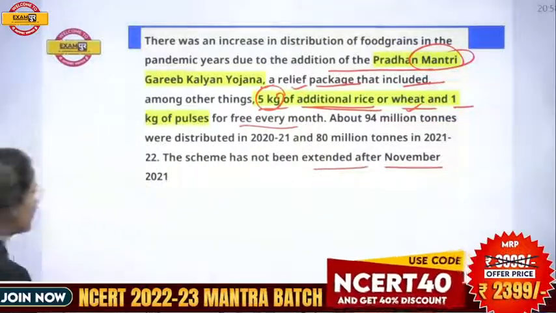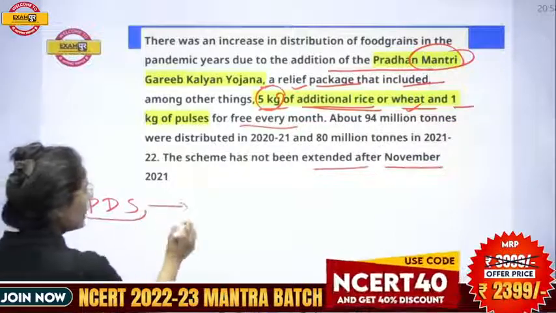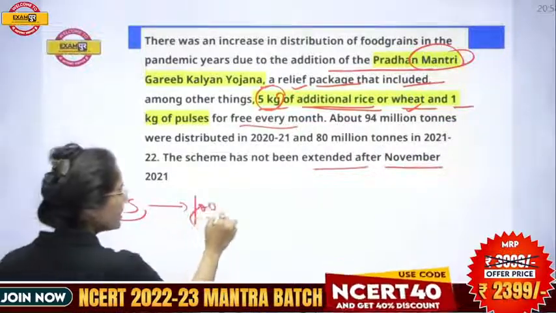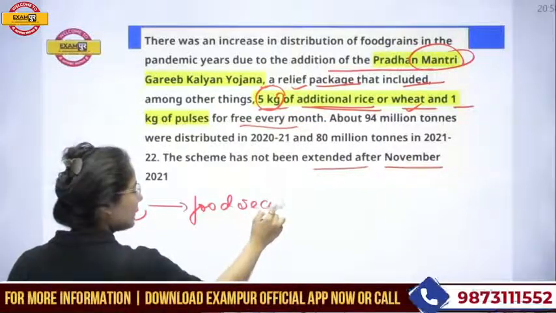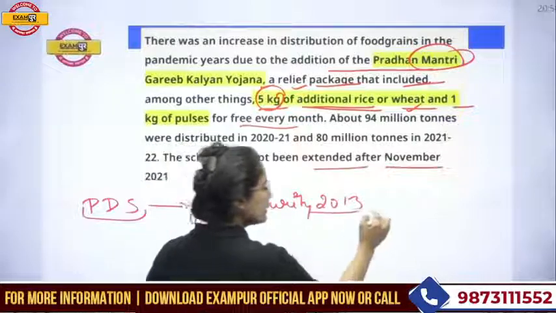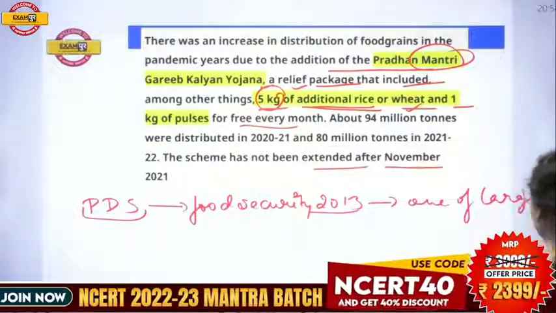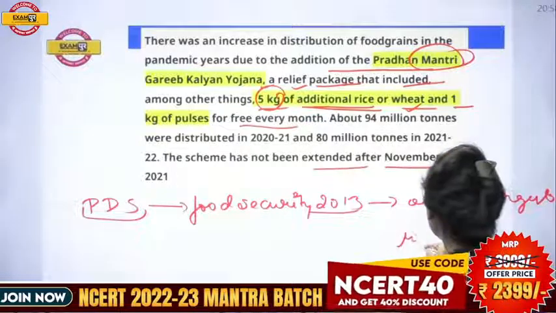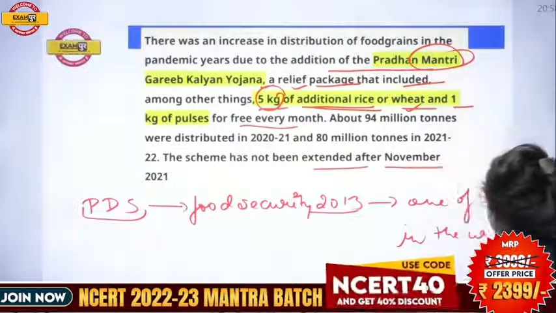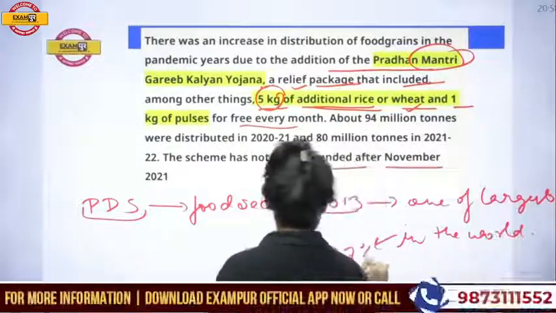This is the point: if you are talking about the PDS, things get accommodated for food security, and this program under the 2013 Act is one of the largest in the world, covering nearly 67% of the population.